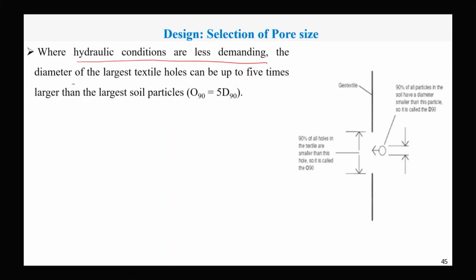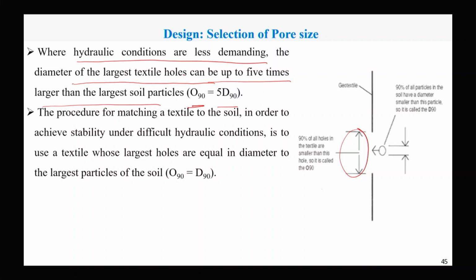The diameter of the largest textile hole can be 5 times the largest soil diameter. So O90 equals 5 times D90. That means we can have very large opening. Okay.